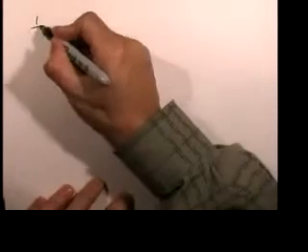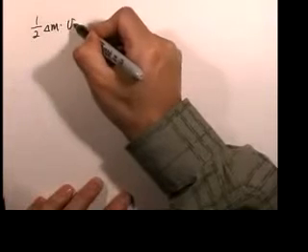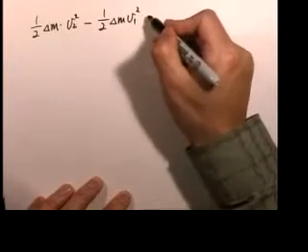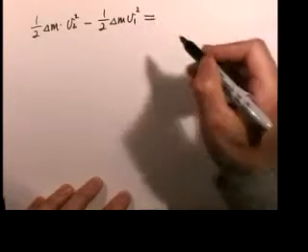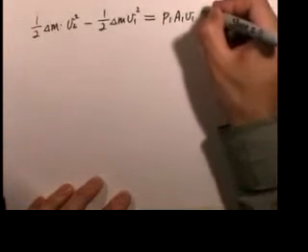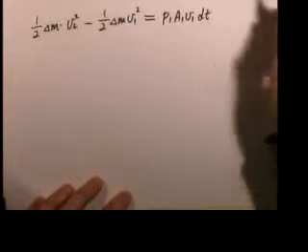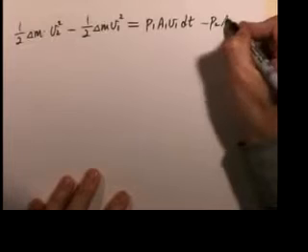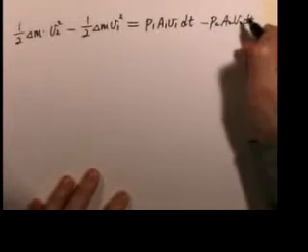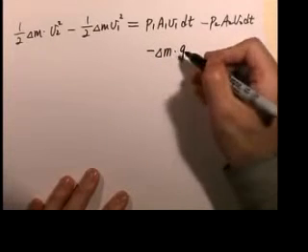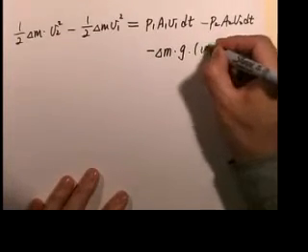We can now write 1/2 delta m v2 squared minus 1/2 delta m v1 squared equals P1 A1 v1 dt, minus P2 A2 v2 dt, and then minus delta m times g times y2 minus y1.